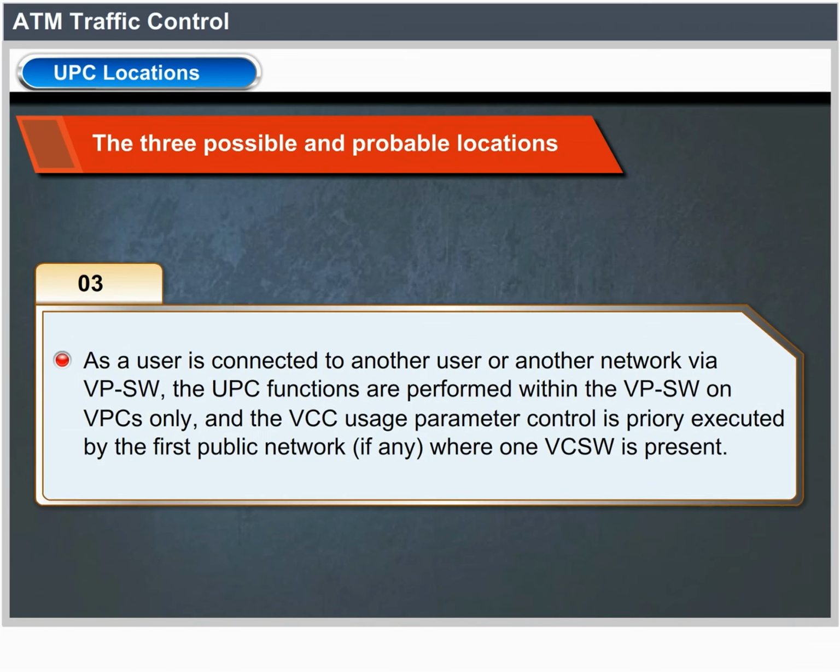C. A user is connected to another user or another network via VPSW. In this case, the UPC functions are performed within the VPSW on VPCs only, and the VCC usage parameter control will be performed by the first public network where one VCSW is present.